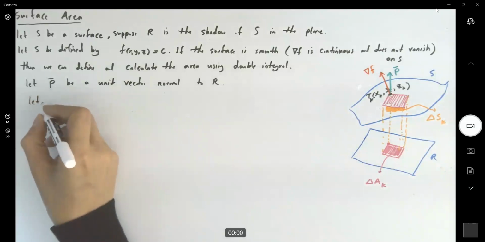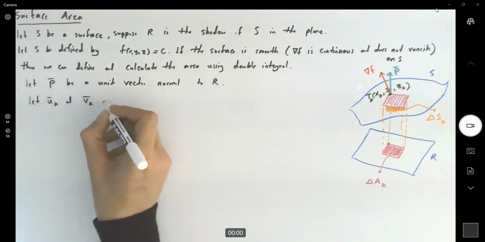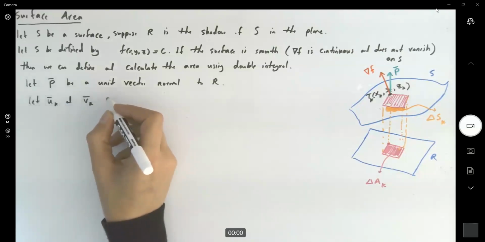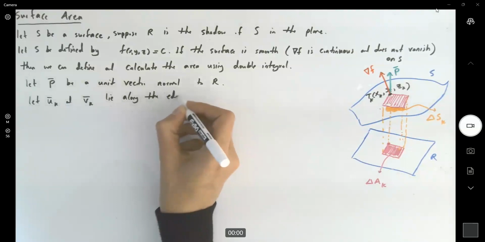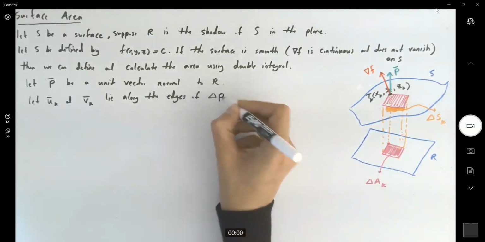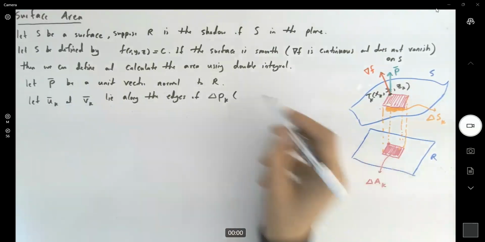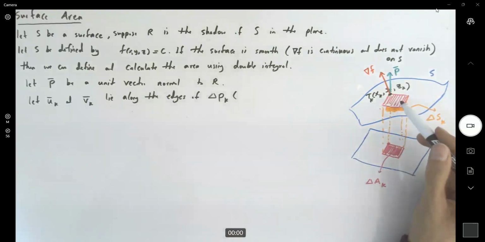Suppose we introduce two more vectors. Let vectors UK and VK lie along the edges of delta P sub K, which is parallel to delta A sub K on the surface.